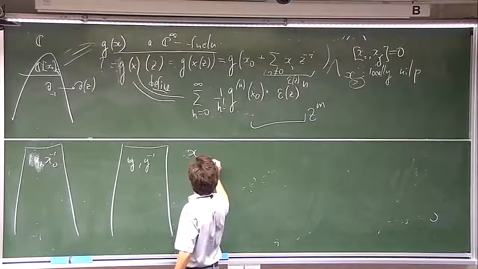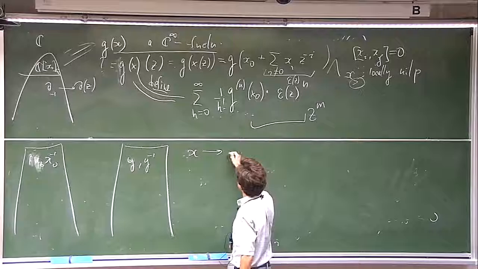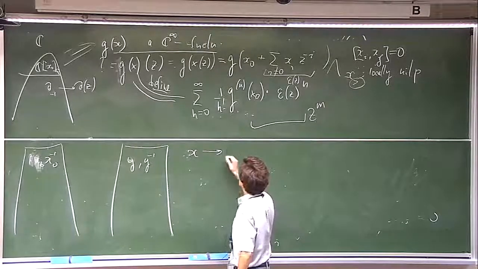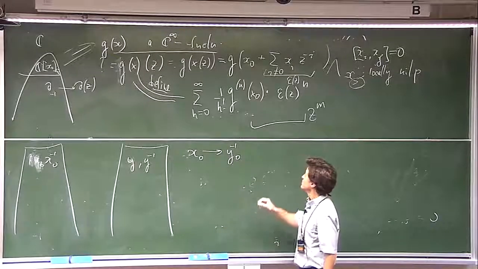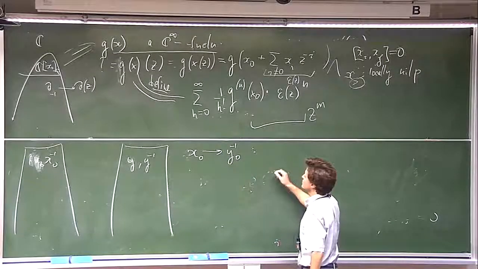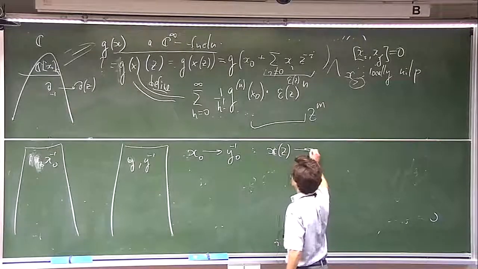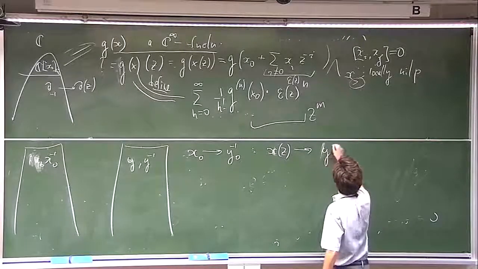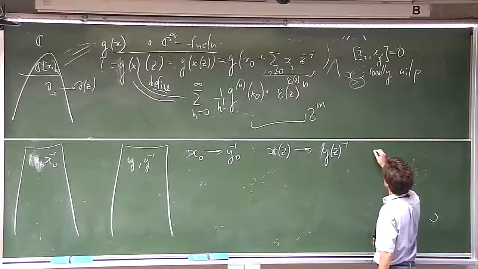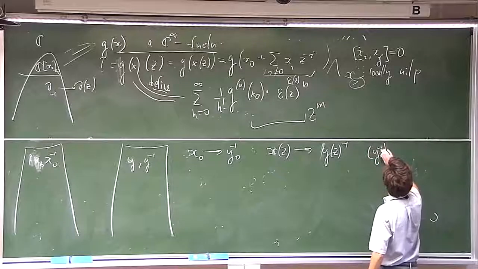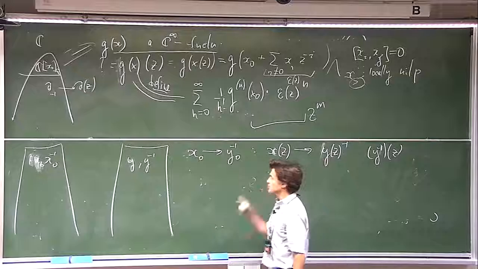Of course, to begin with, we naively simply say that x naught would be identified with y naught inverse. Or perhaps even more tellingly, but also more informally, I will identify the field x of z with the field y of z inverse. Y of z inverse, of course, means y inverse of z. Something I just explained.